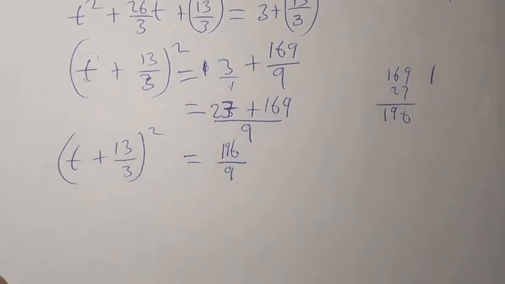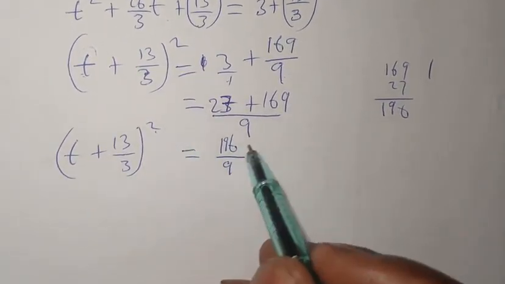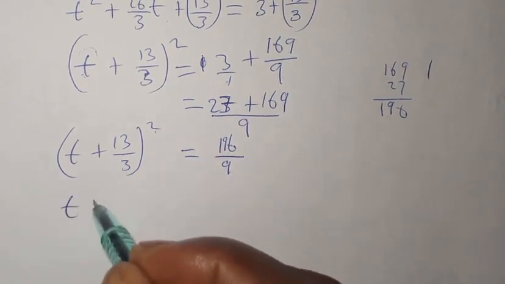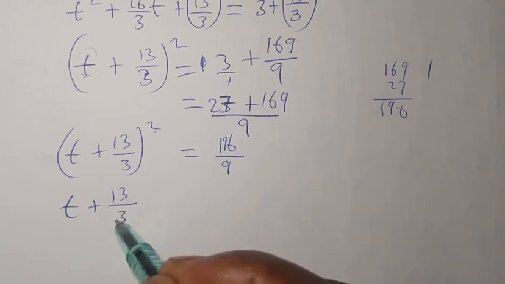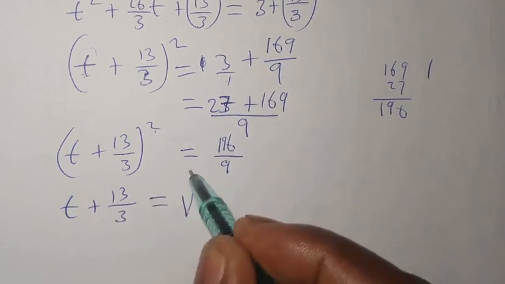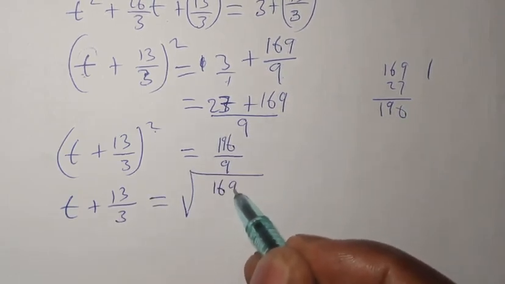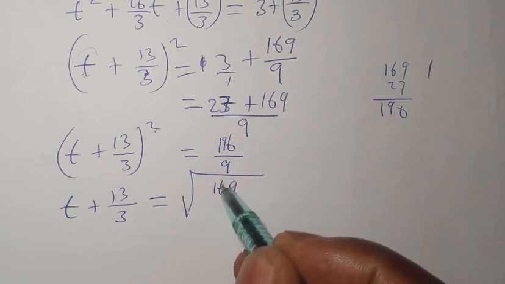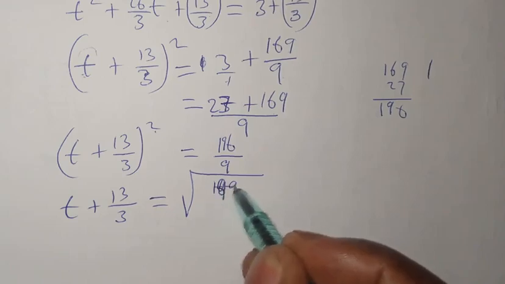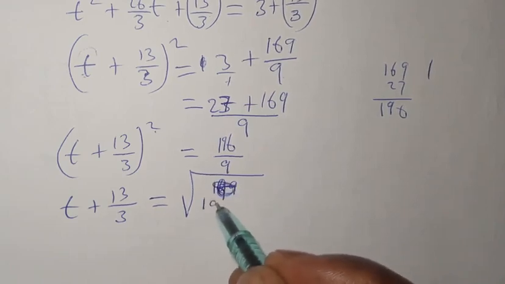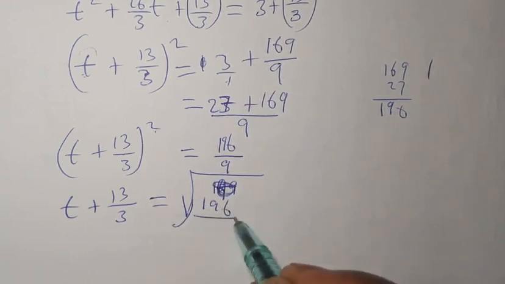So having gotten this, we'll take this square to the other side so that it will be t plus 13 over 3 equals the square root of 196 divided by 9.